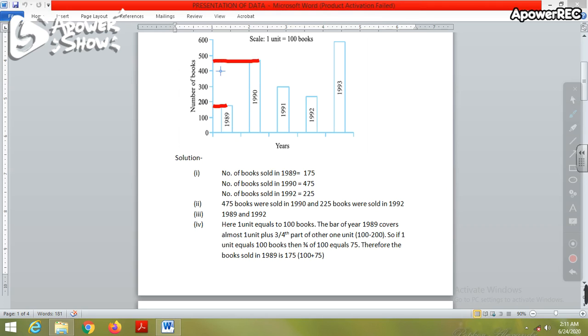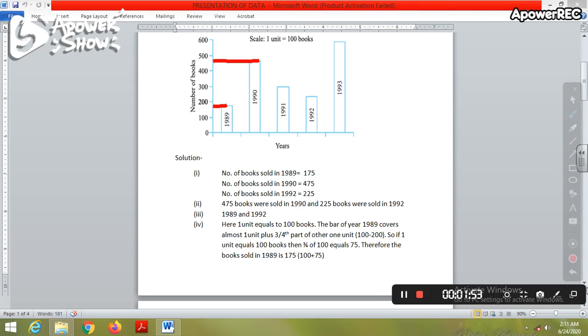So any value between 450 and 500 is an approximate value of the number of books sold during 1990. Similarly, by using this bar graph, you can find out the number of books sold in 1992. The number of books sold in 1992 is approximately 225.